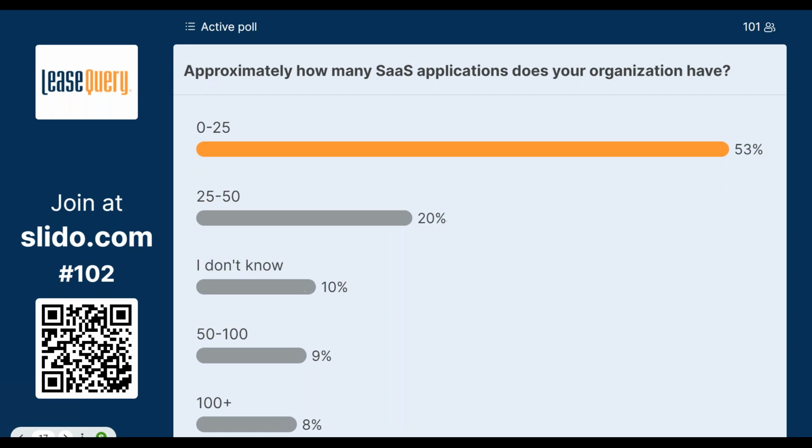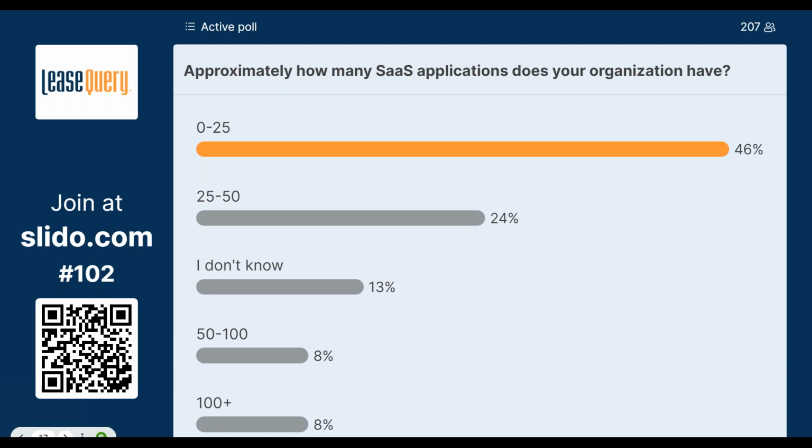As we're seeing these polls come in, asking approximately how many applications your organization has, a lot of you are saying 0 to 25. I'm seeing 25 to 50 as the next bucket.